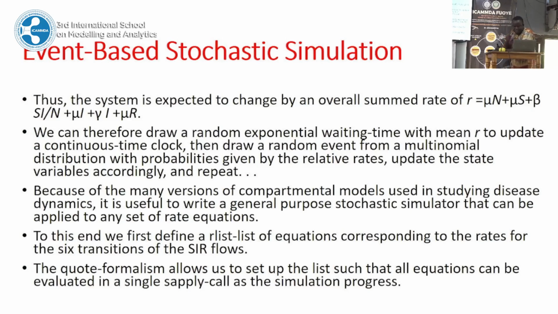To this end, we define an R list. What does that do? It gives us the list of equations corresponding to the rates for the six transitions of the SIR flows.